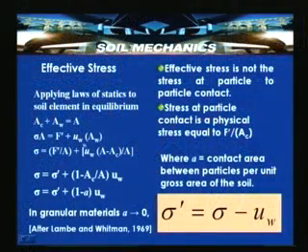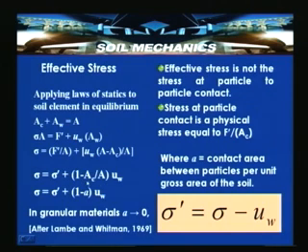So, this can be written as sigma A equals F dash plus UW into AW. Dividing by A, sigma equals F dash by A plus UW into (A minus AC) by A. This simplifies to sigma equals sigma dash plus UW into (1 minus AC by A).